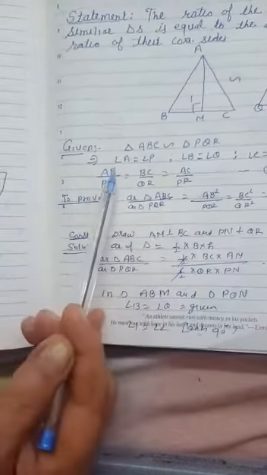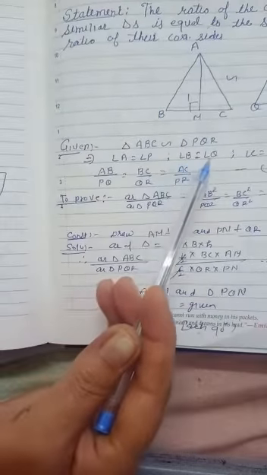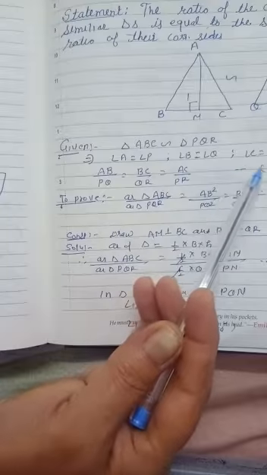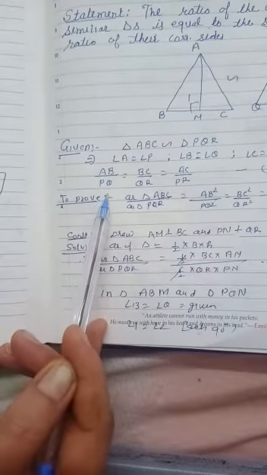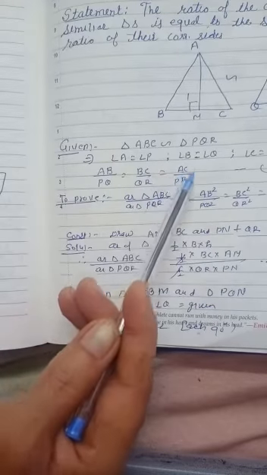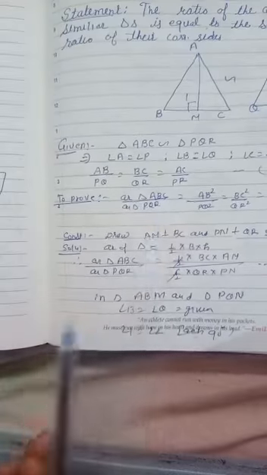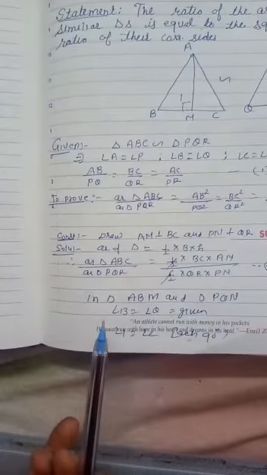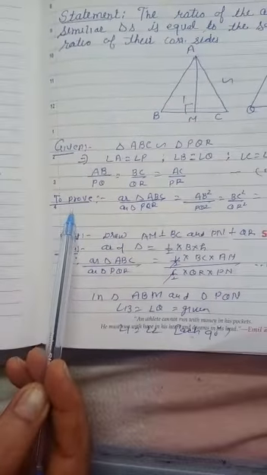So angle A is equal to angle P, angle B is equal to angle Q, angle C is equal to angle R, as well as AB upon PQ is equal to BC upon QR is equal to AC upon PR, meaning the ratios of these three sides are equal. It's given. Clear?